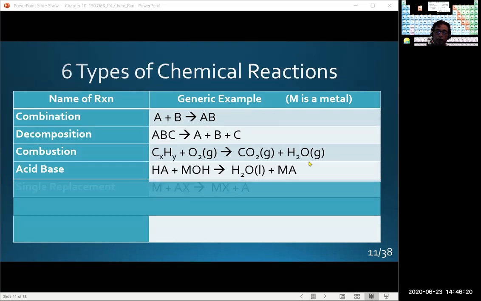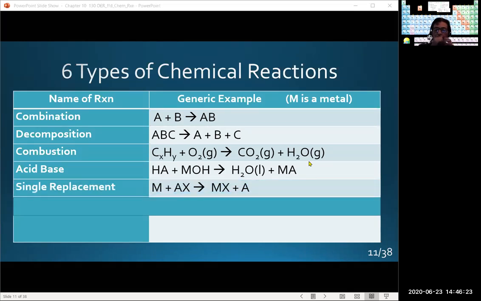One more. Now, we have another one called single replacement reaction. Okay. In this scenario, we have a metal, denoted here by the letter M. And then we have an ionic compound with a metal different than M. Hence, we denote it by AX. It's an ionic compound, metal and nonmetal.